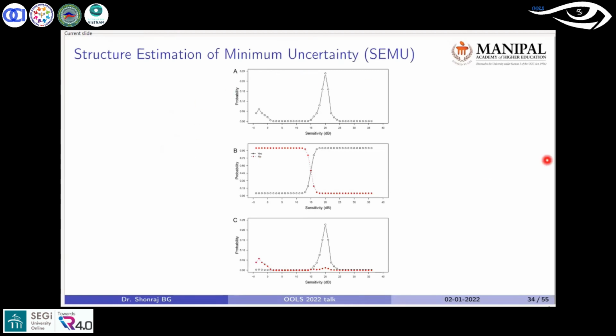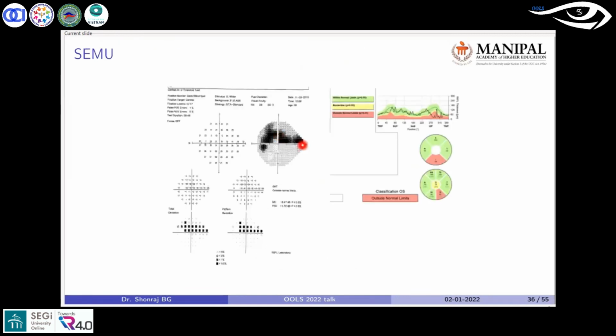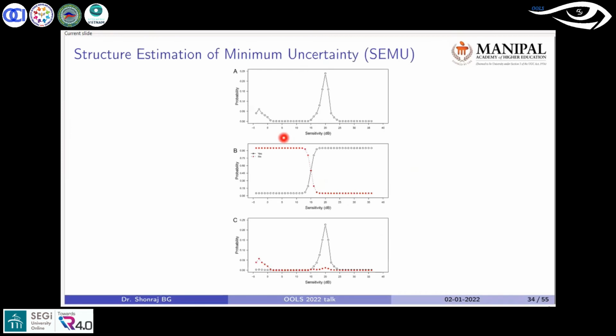Now, you all know the CMU; the full form of CMU is structural estimation of minimum uncertainty. I just told you how a Bayesian-based test procedure works, and CMU is a Bayesian-based test procedure. So it works based on the concept of Bayesian-based algorithms. However, what it does is change the prior. I told you the prior of Bayesian-based test algorithms is based upon the normal population.